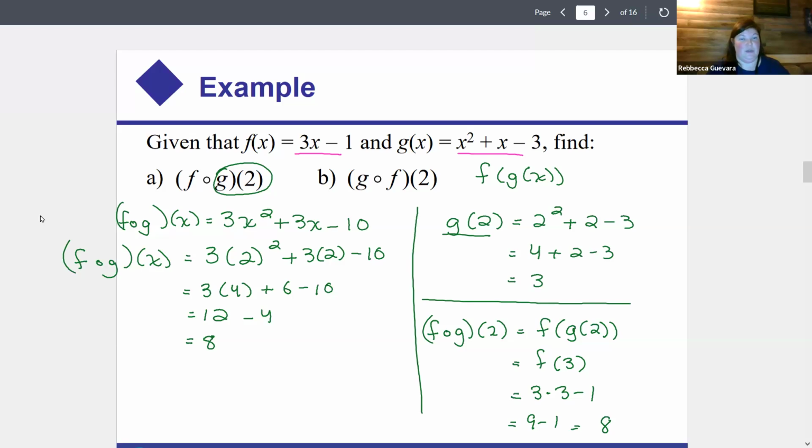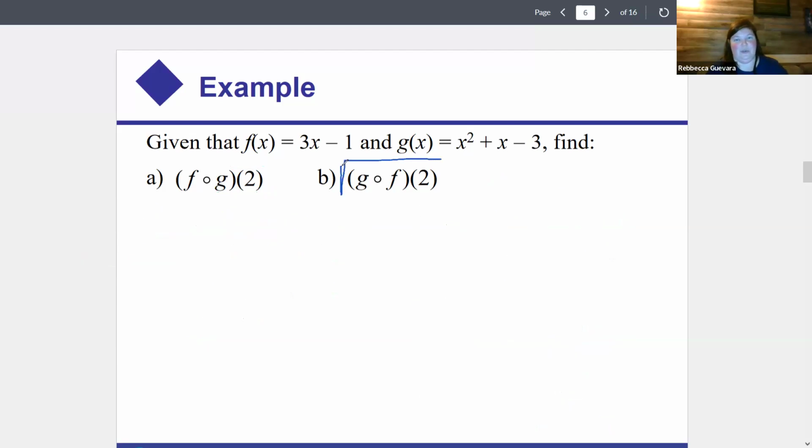So without using the formula we found for this, I'm going to do this again. So this we know is G on the outside, F on the inside. And X is now 2. So we are looking for G of F of 2. First thing we need to find is F of 2.